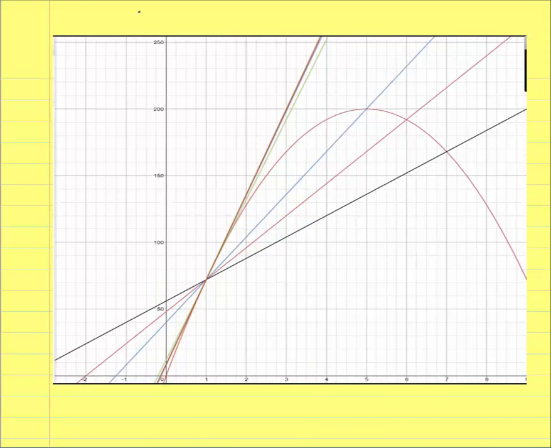So this is a graph of f of t, I think we called it. No, we called it s of t, sorry. s of t equals negative 8t squared plus 80t. So that's this red graph right here.